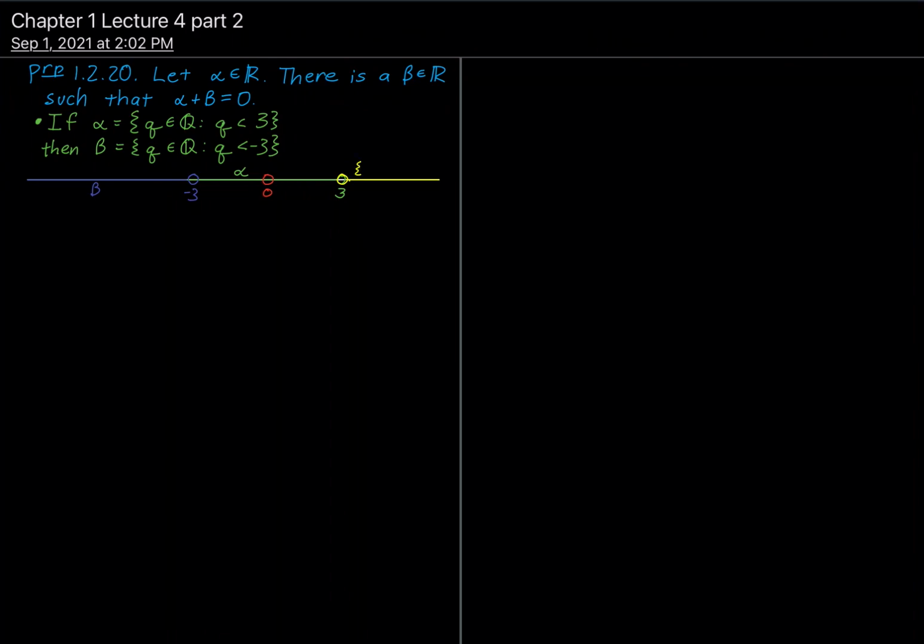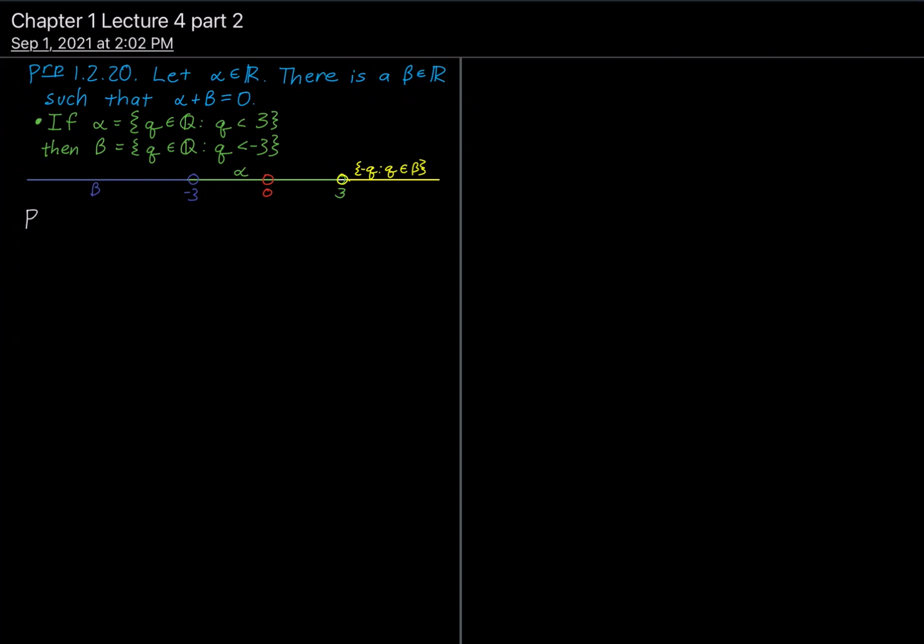This is the set of all -q with q in beta. So alpha and this thing I've drawn in yellow, they have almost all the rational numbers in them, except you want to be missing this one little point 3.